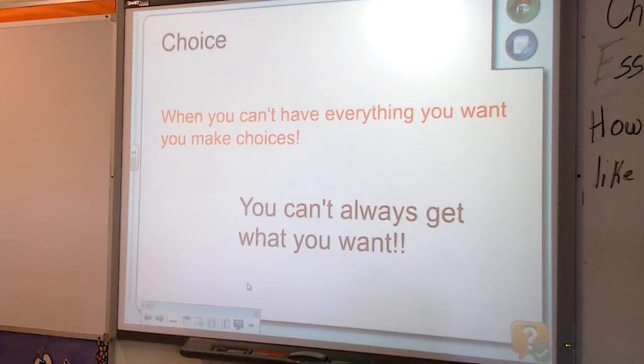So when you have a finite amount of resources and you have infinite wants, you have to make choices. Today, I don't know however much money you have in your pocket. If you want to go to the school store and you only have a couple bucks and you want 4 or 5 things, you're going to have to make a choice, because you can't always get everything you want.